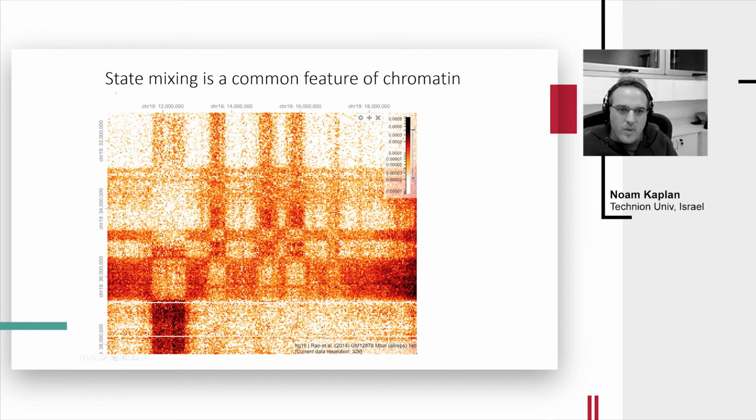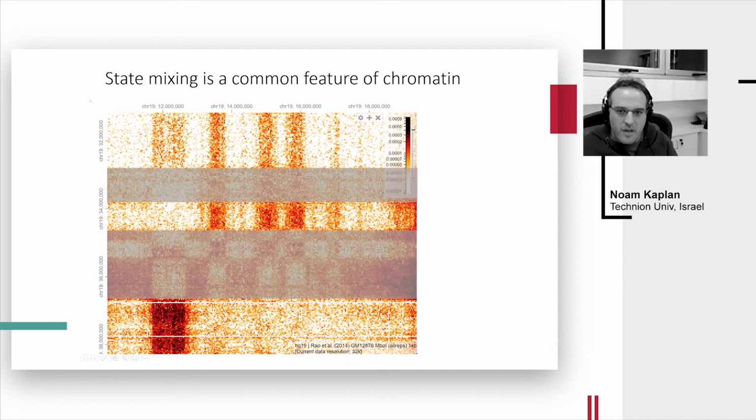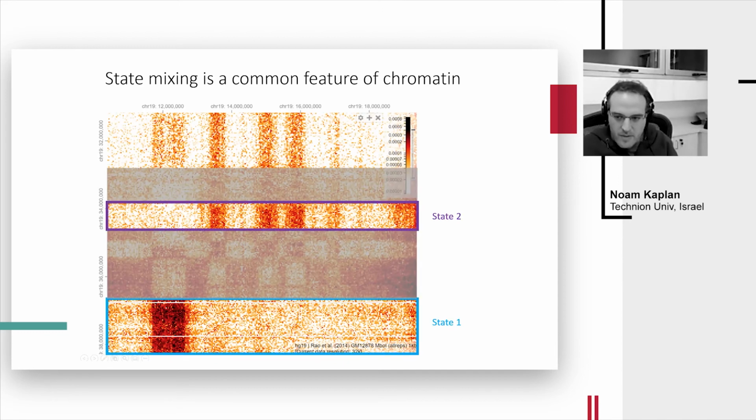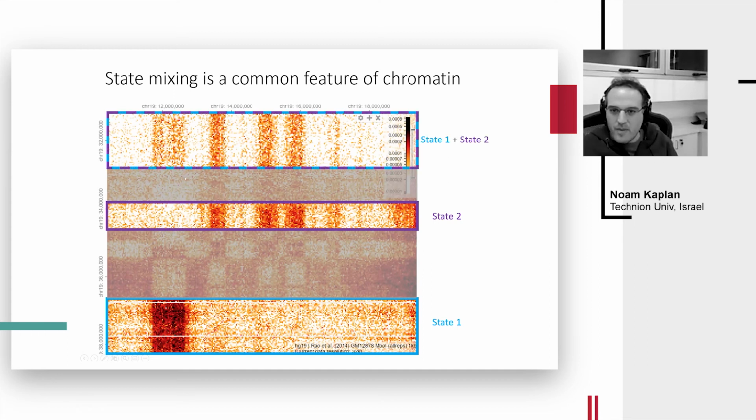So what we see is something very interesting, which is state mixing. And it's quite a common feature of chromatin. So look at these, okay? If you look at this bottom part, and you call this state 1, and the middle part, state 2, now notice if you look at the top strip, it looks like a combination of both, okay?